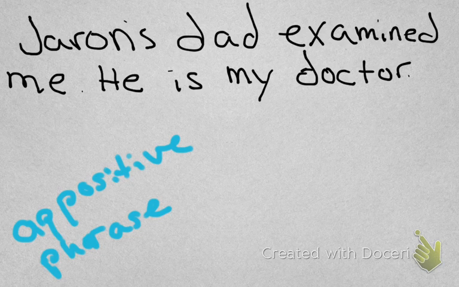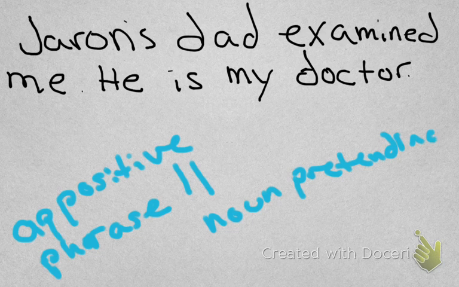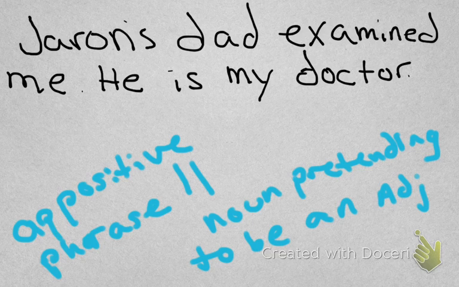Now an appositive is just a fancy way of saying, so this equals a noun pretending to be an adjective. There's an abbreviation again. Okay, so this is a noun pretending to be an adjective. Okay. And we can see here again what we can do.